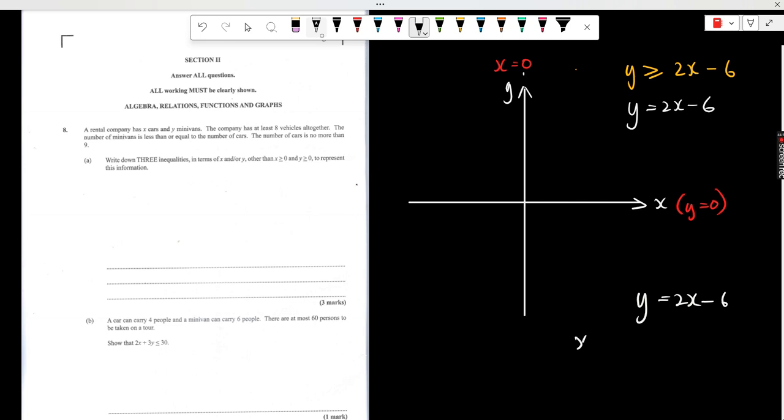When x equals 0, y is equal to minus 6, so we have the point (0, -6). We can pick another simple value, say x equals 3. When x equals 3, y is equal to 6 minus 6, which is 0. So we have the point (3, 0).